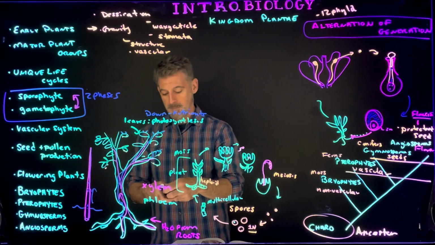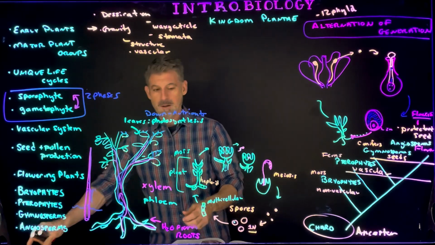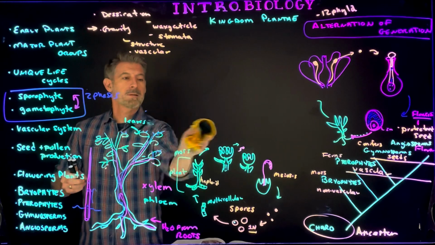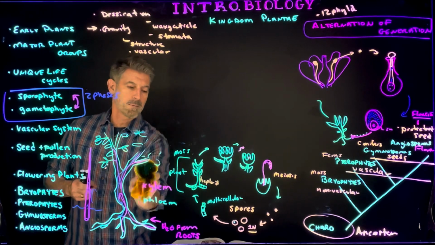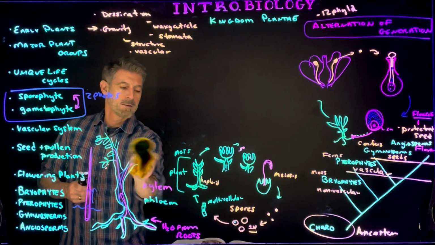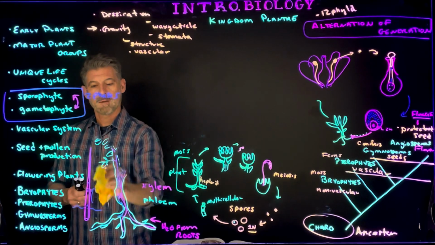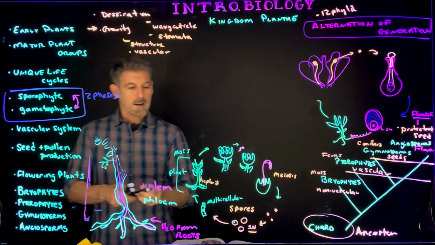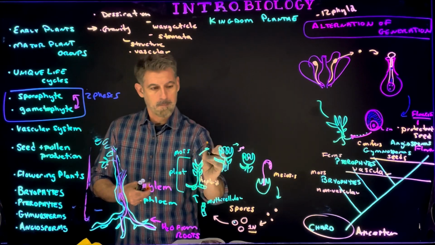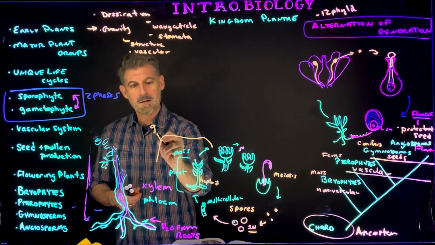This phase here is called, and since we're done talking about some of this, I'm going to erase it actually, just so we have a little bit of space here. I won't erase all of it, maybe, because we might talk about it at some point. That's the gametophyte plant.